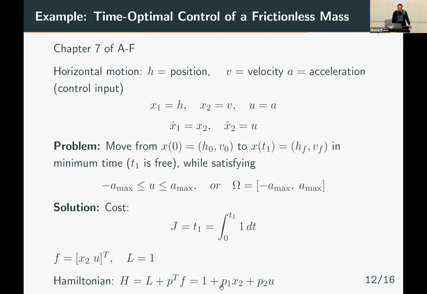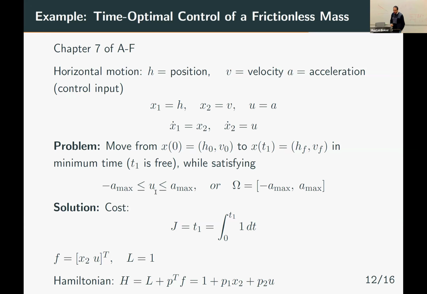And that comes from the Hamiltonian system. This is the job of the Hamiltonian system. The Hamiltonian system ties everything together. It ties the minimum cost that we want to minimize, but also ties the initial and final points, and ties in the constraints.